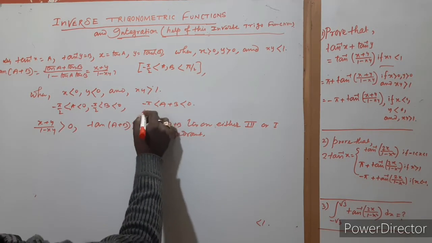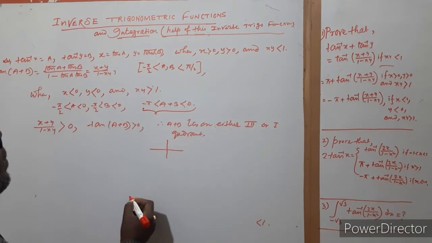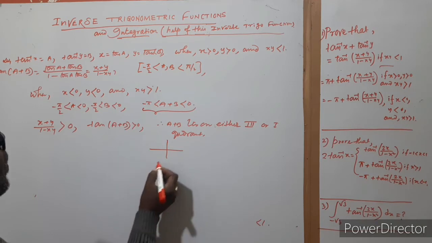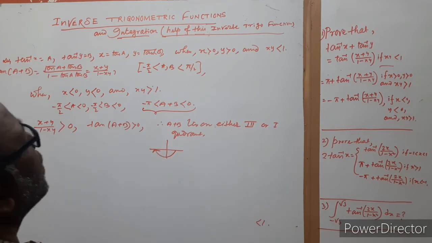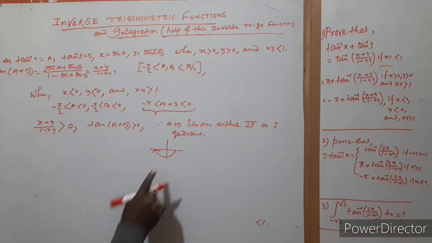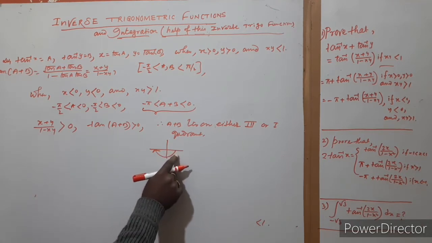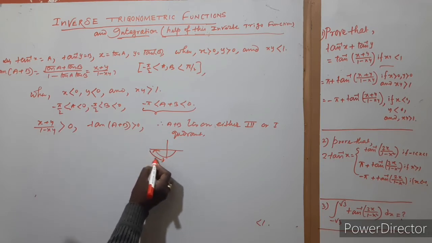Now see, here is the region which I get. Actually, this is 0 to pi and this is 0 to minus pi here. But it clearly does not lie in the fourth quadrant, and tan is positive, so it lies exactly in the third quadrant.